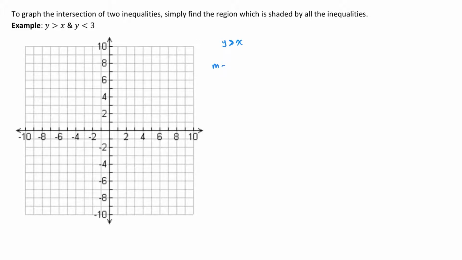So our m value over here is 1, which is the same as 1 over 1, where the numerator is the rise and our denominator is the run. Our b value is 0 in this case. x is being added to absolutely nothing, and that means that our y-intercept is at 0, 0.